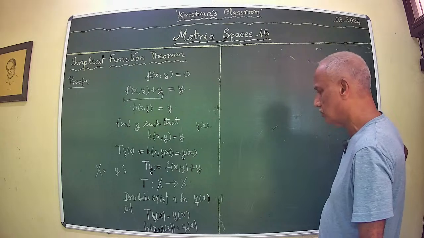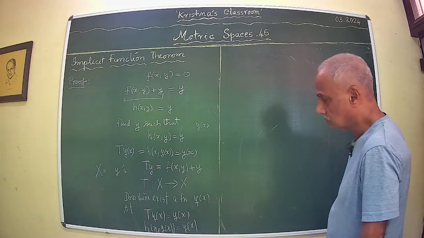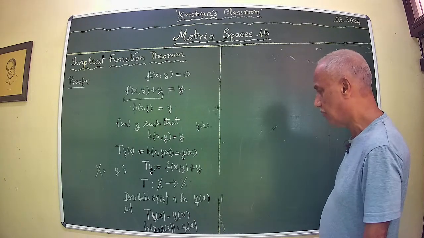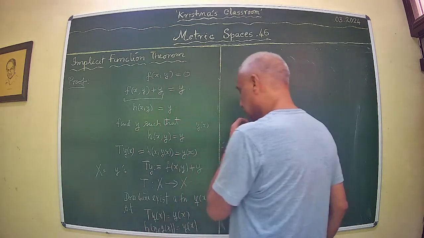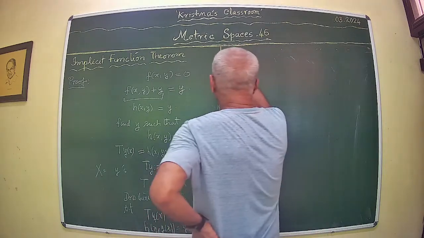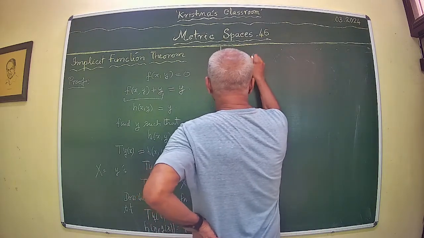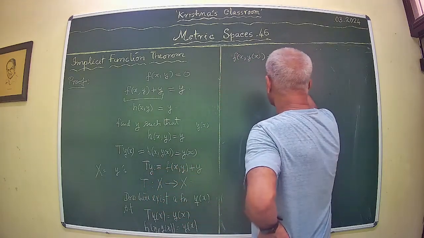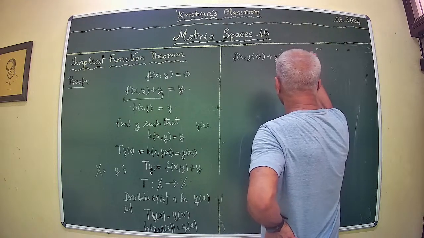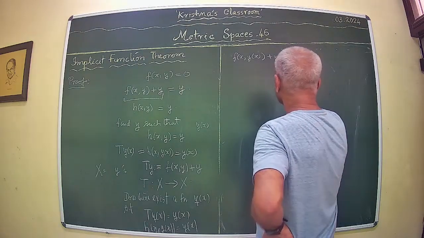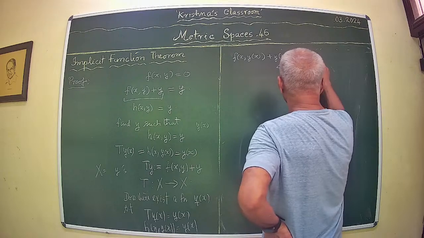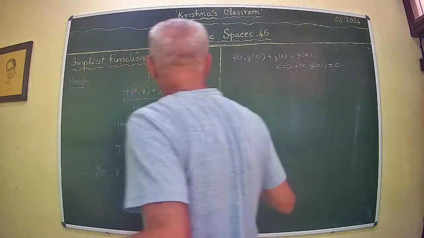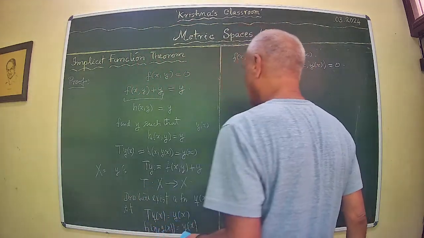So y equal to y(x) is a function of x which satisfies the given equation. Okay, and if you rewrite the whole thing, what does this mean? This means that F(x, y) plus y(x) equals zero. So that's how we reformulate the whole problem.